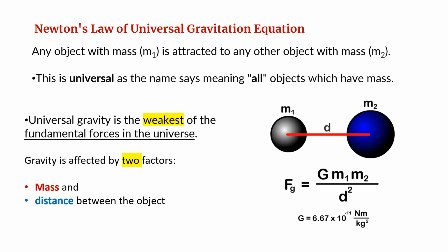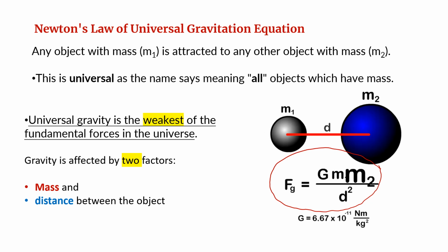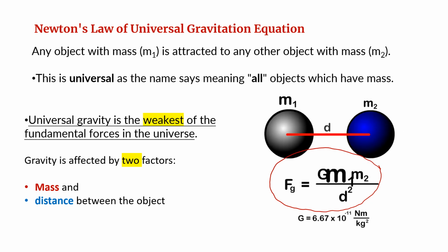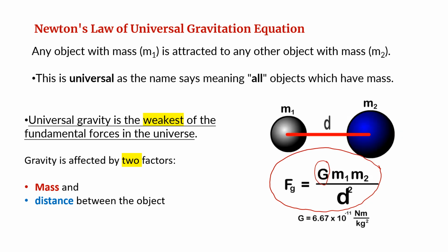So this is called Newton's law of universal gravitation, and you can see there is an equation given here. This suggests the formula to calculate the force of gravity existing between any two objects having masses m1 and m2, spaced at a distance d apart from each other. You can see a capital G over here, which is the universal gravitational constant.